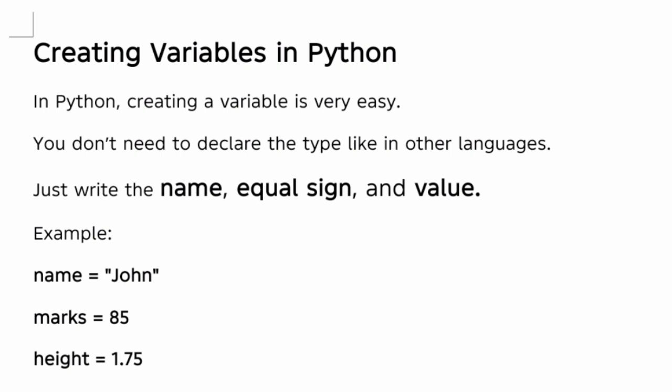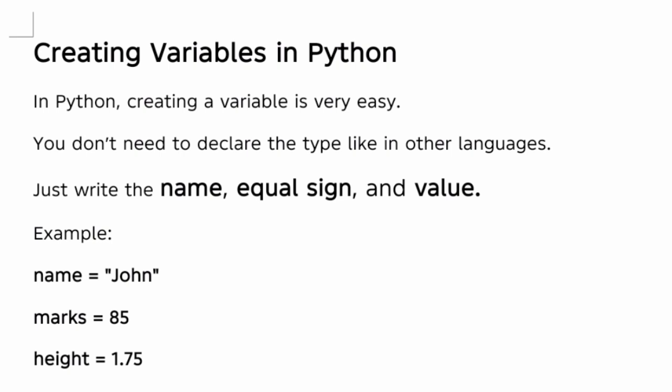For example, we have a variable called name, assigned the value John. John is embedded within double quotes because it's a text. But for example, this variable called Max is assigned 85 as a value, and we have another variable called height, which is assigned 1.75.